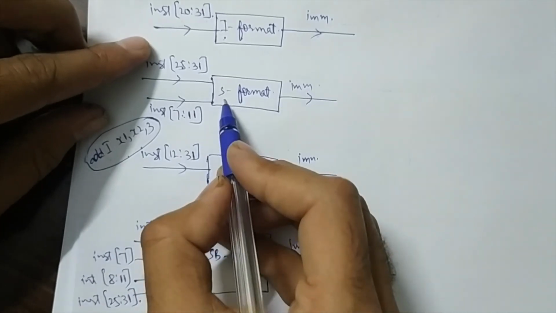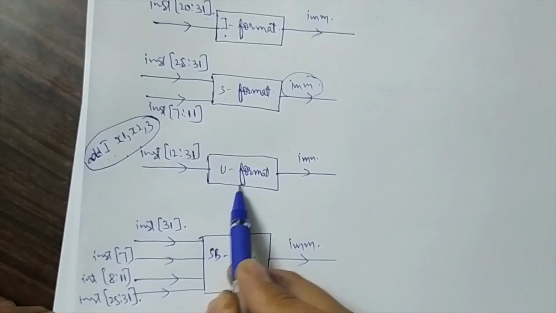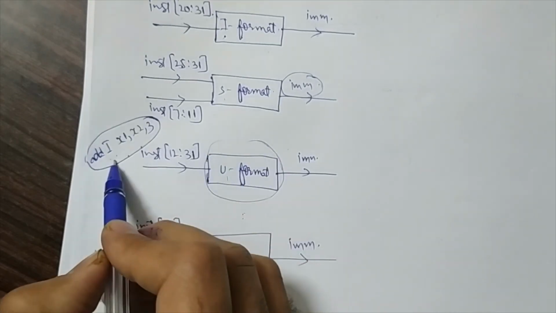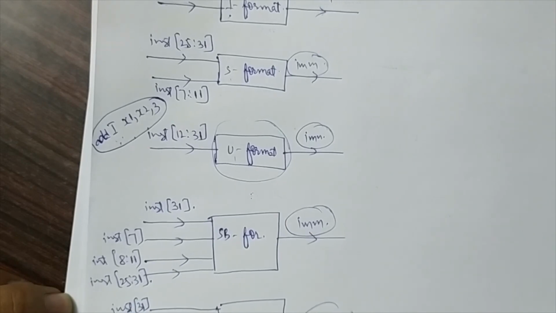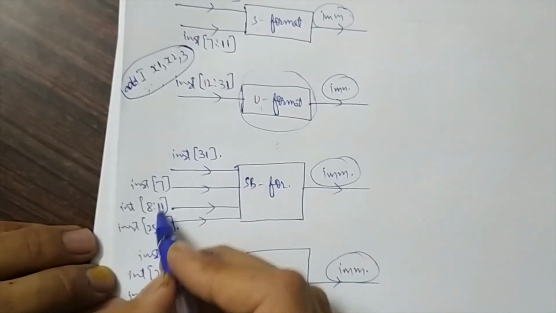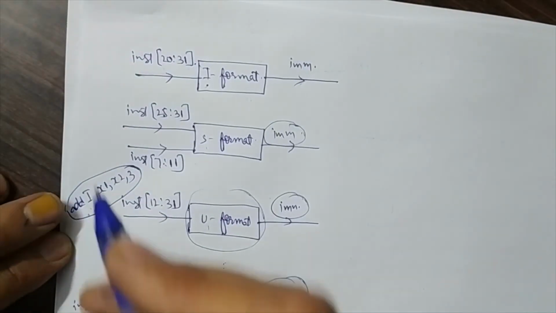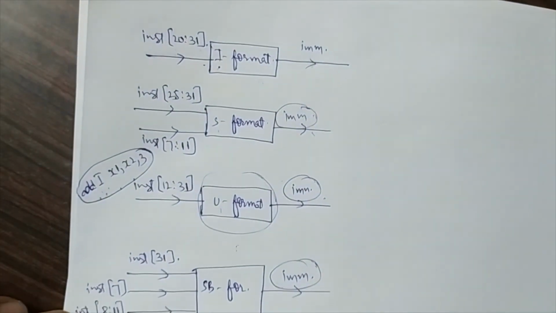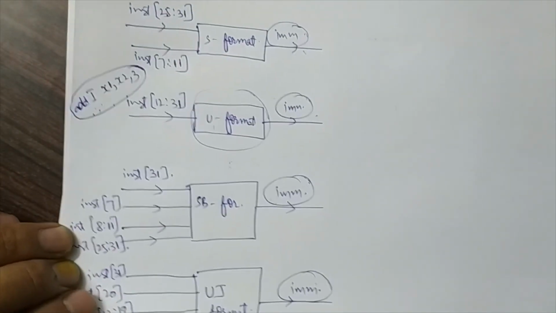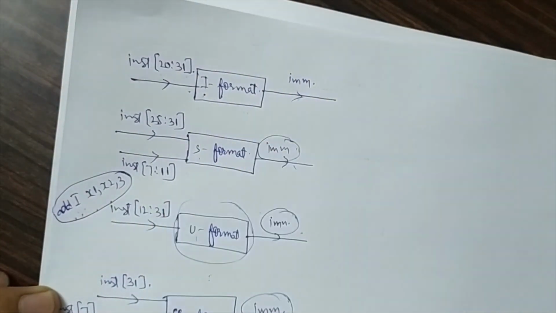The S format block will process this instruction and find an immediate, the U format block will find an immediate, and so will the SB and UJ blocks, each using their own components. However, we know that this instruction is an I format instruction, so all the other immediates are useless. They are not the right immediates. The right immediate is the output given by the I format block.